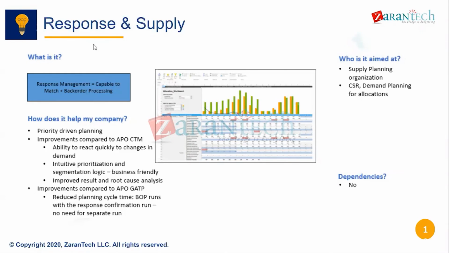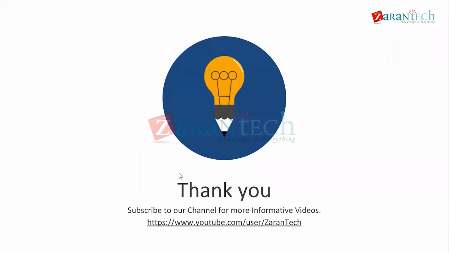In addition, the response module does the priority based planning, which was normally done by the APO CTM module. So this is how we can understand SAP IBP is quite a wonderful module where we are comprising our demand, our supply, our response, our inventory, and everything is integrated under one umbrella, which we call SAP Integrated Planning, that is powered by S4 HANA.